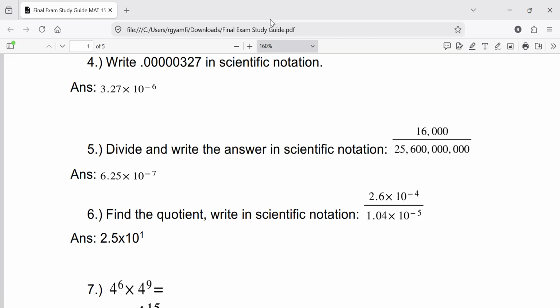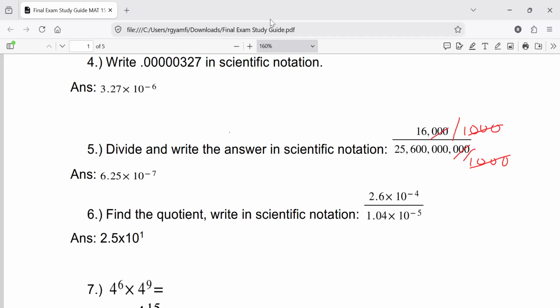So if you divide the top by 1,000, and the bottom by 1,000, it's going to cancel off these 3 zeros so that you have 16 on top. And then you've got 25,600,000 or 25.6 million. And then now you divide these two. That is also another option.